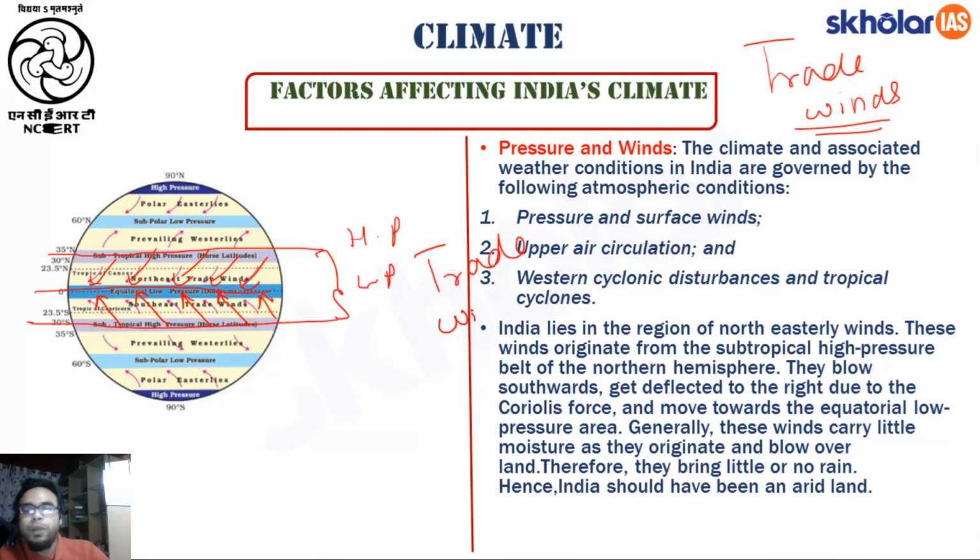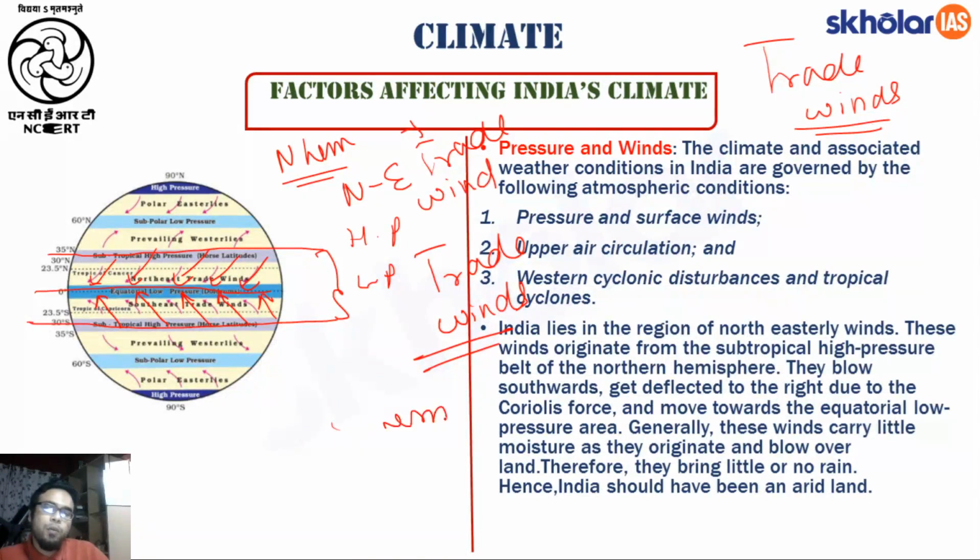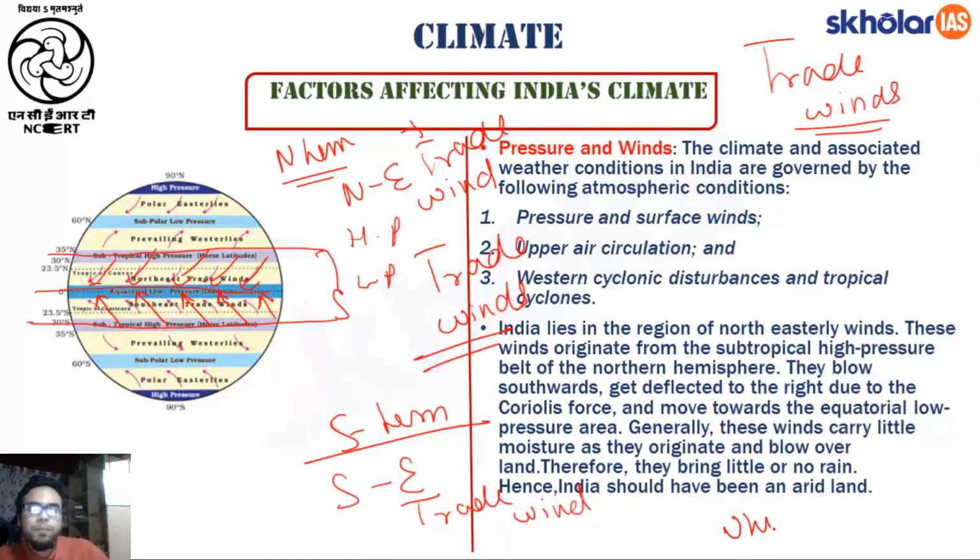So these winds which are blowing from the subtropical high pressure towards the equatorial low are called the trade winds, right? The trade wind found in the northern hemisphere we call the northeast trade wind, and the one found in the southern hemisphere we call the southeast trade wind. But the question here is why?